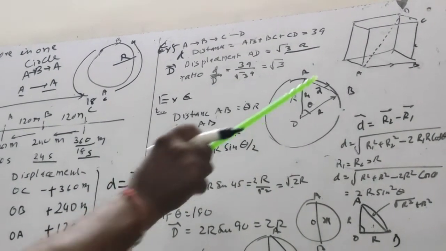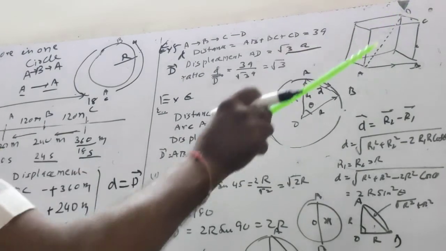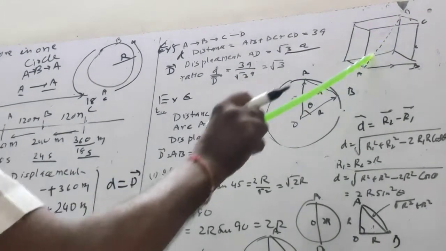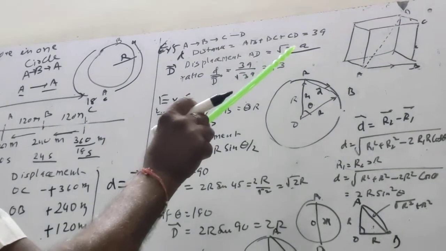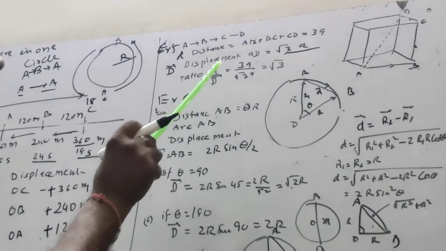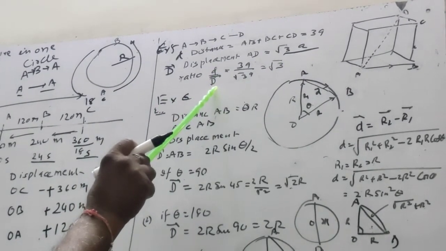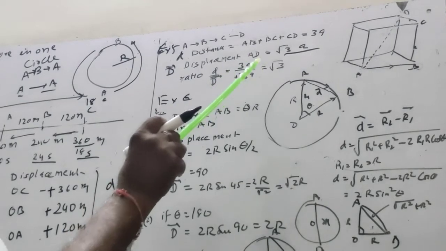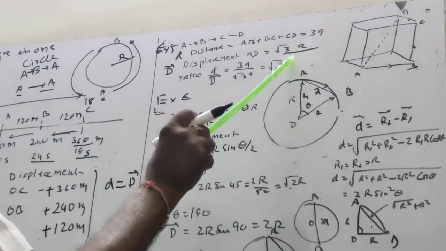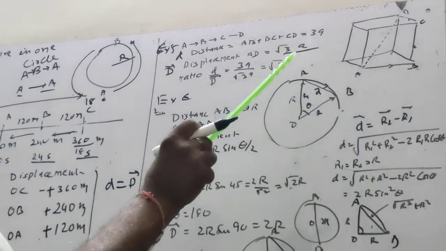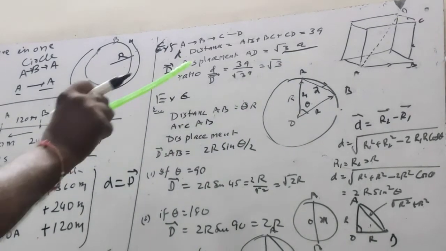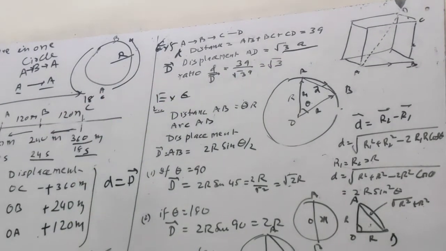The displacement will be final position minus initial position, and this will be under root 3 times A. So the ratio of small d to displacement will be equal to 3A divided by under root 3 A, which is equal to under root 3. So the distance traveled is more than the displacement.